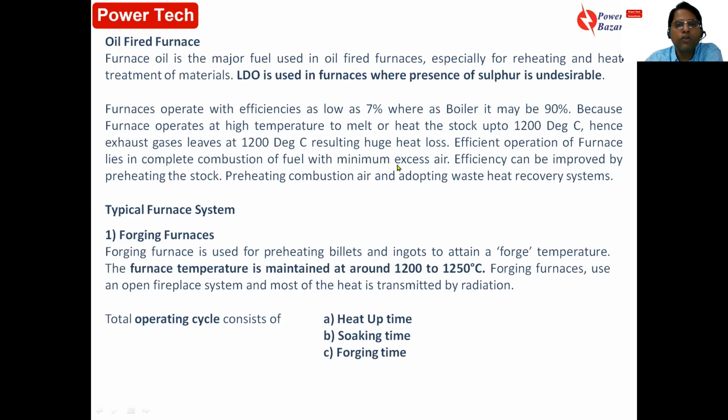Also we need to control excess air, because a furnace has a lot of openings to feed the materials, and while taking out the charged or hot material you need to open the gate. So there is also a huge heat loss due to openings.